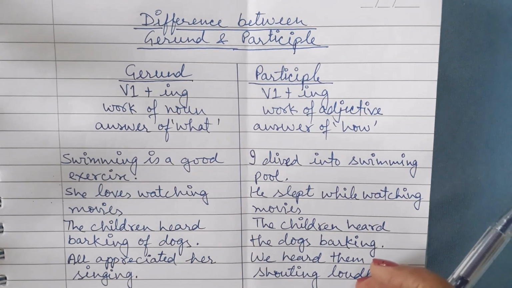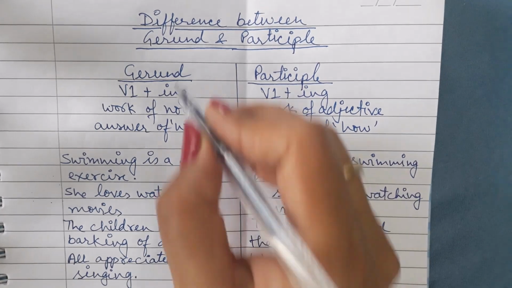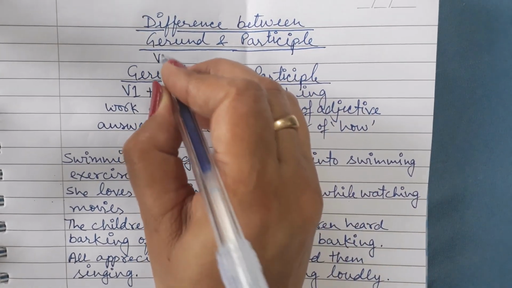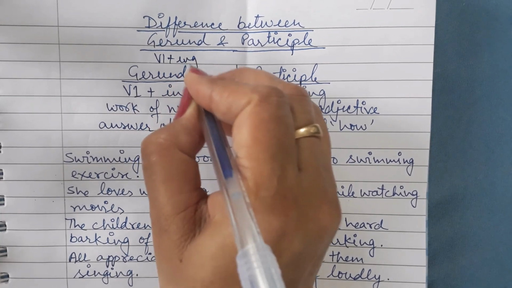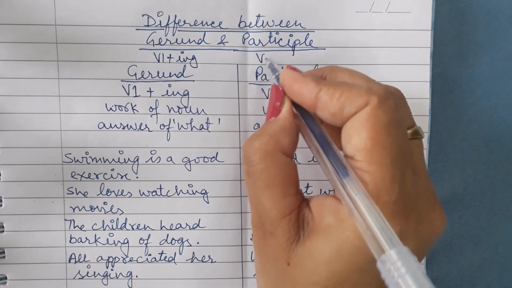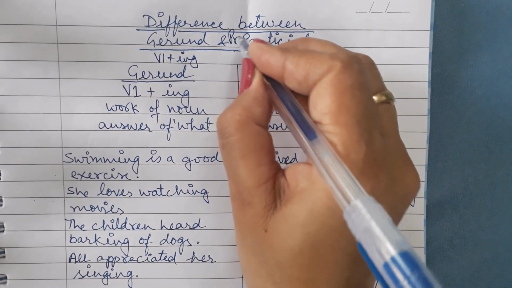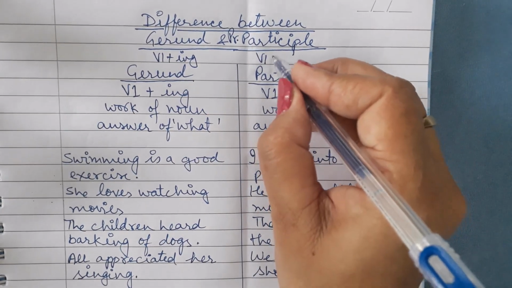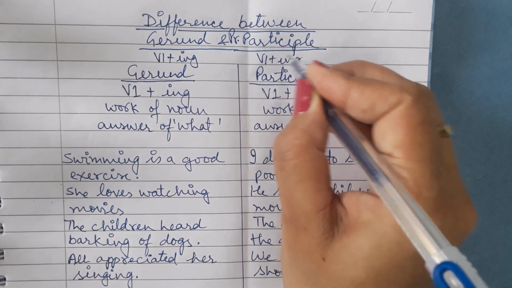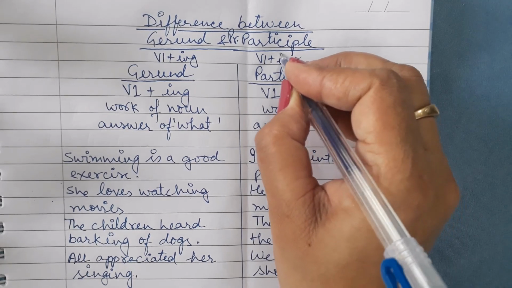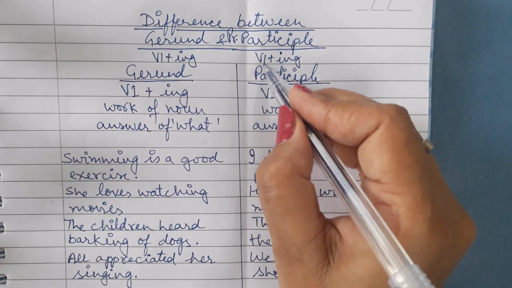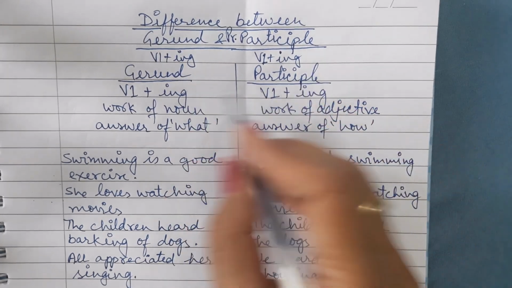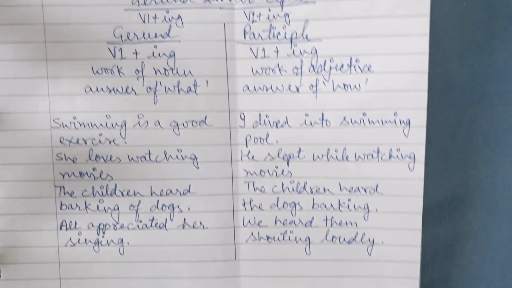These differences I will tell you. First of all, I will tell you why there is confusion. Gerund is also verb 1 plus ing, and participle, that is only present participle, not other participles. Other participles are clear. And this is also present participle, which is first form of verb plus ing. That is why they look confusing. They look same, they look confusing. How to identify them?